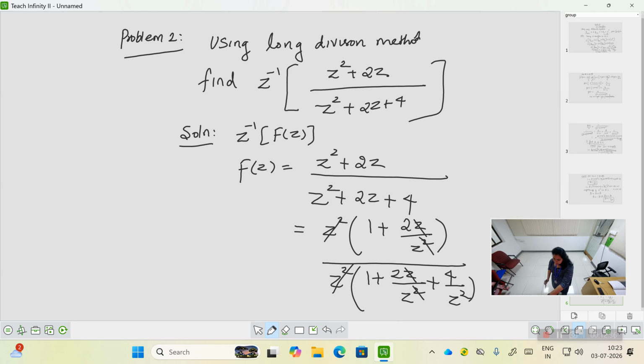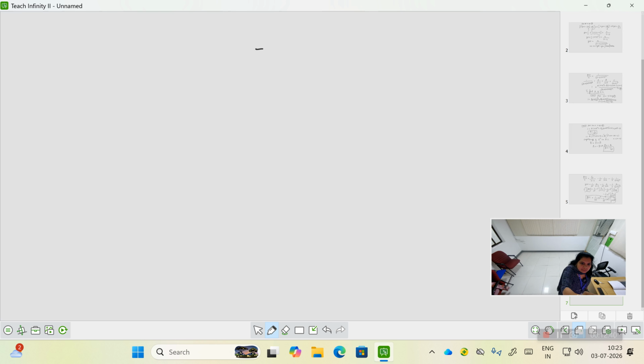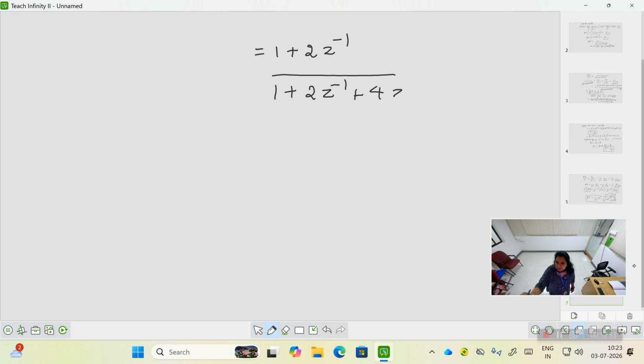So now you apply the z to the numerator. So you'll get 1 plus 2 z inverse, is it? And what about the next term? Next term will be 1 plus 2 z inverse plus 4 z power minus 2. Okay.